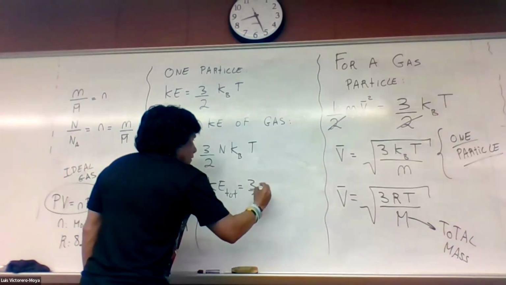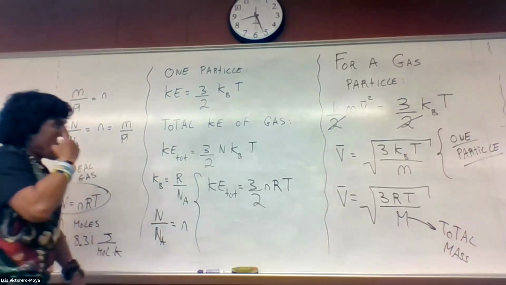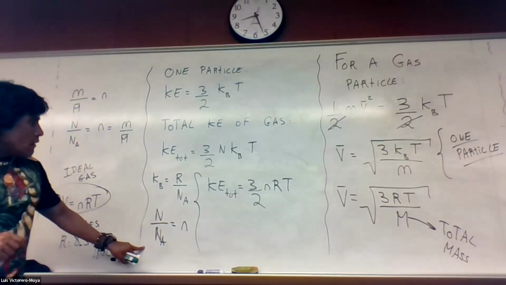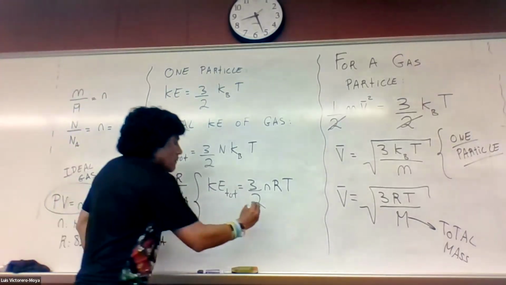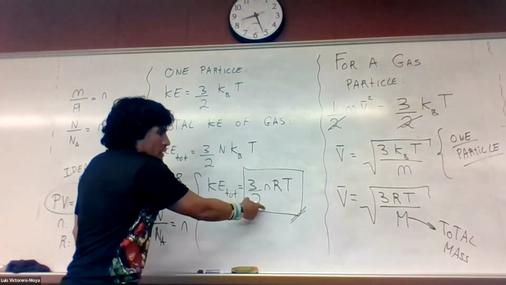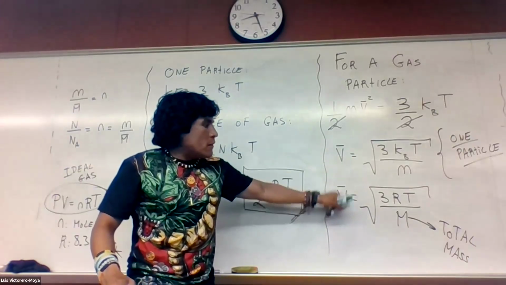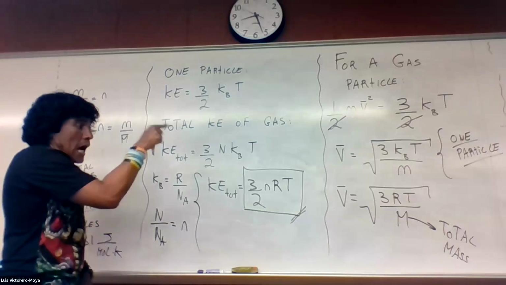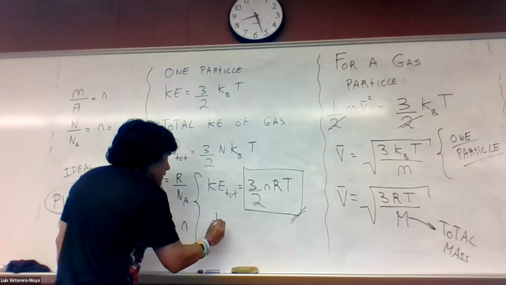Yeah, okay, 3/2 of nR. Right, your N is nNA, and NA times kB is R. So that's the total kinetic energy of a gas. That's the root mean square velocity of one particle there. And for an ideal gas, this is also known as the internal energy.